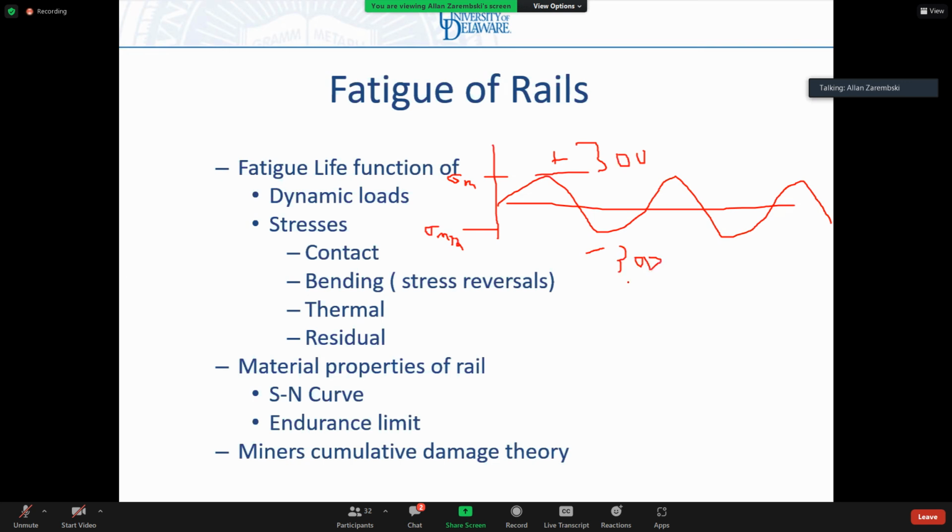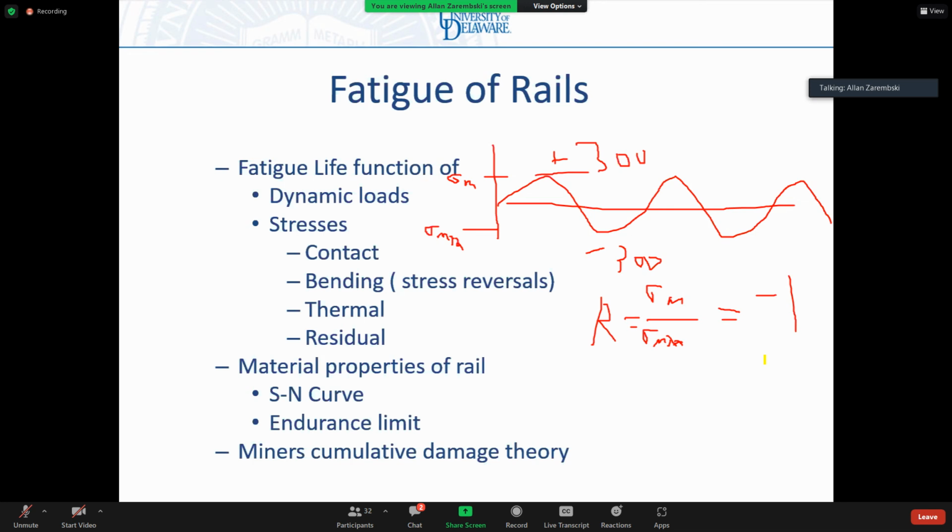So I have a complete reversal, and my R ratio is sigma minimum divided by sigma maximum, which is equal to minus 300 over 300, which is equal to minus 1.